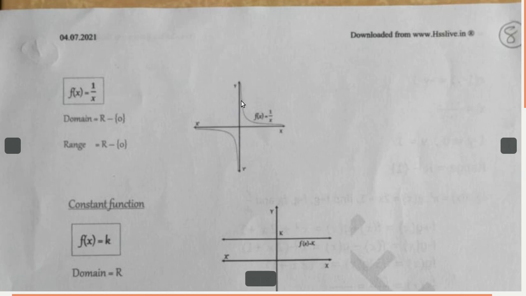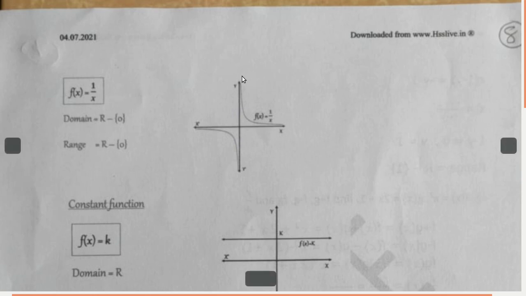This graph is very close to the y-axis, but it does not touch the y-axis, because 0 is excluded from the domain. 0 is not needed, because the graph is deviating from 0, or the graph is moving away from 0. So 0 is not an element in the domain. That's why domain is equal to R minus 0.